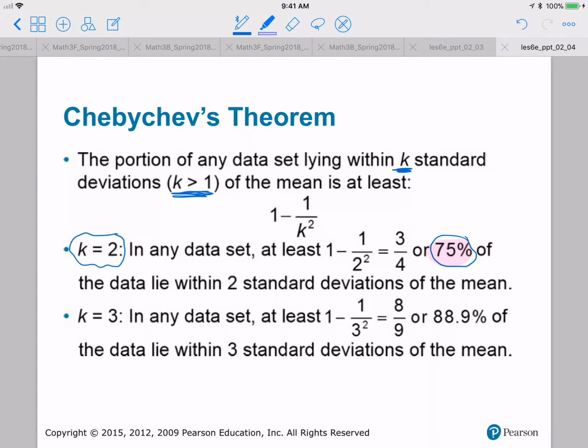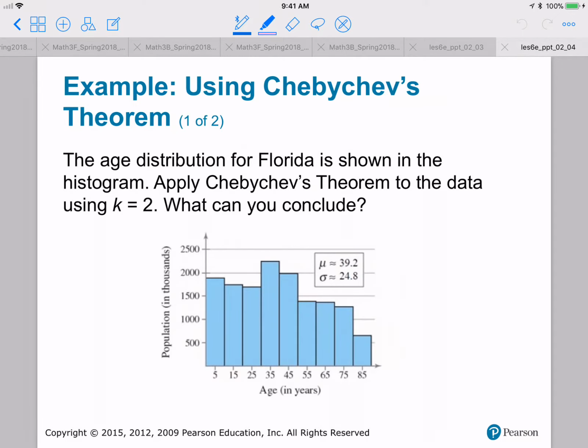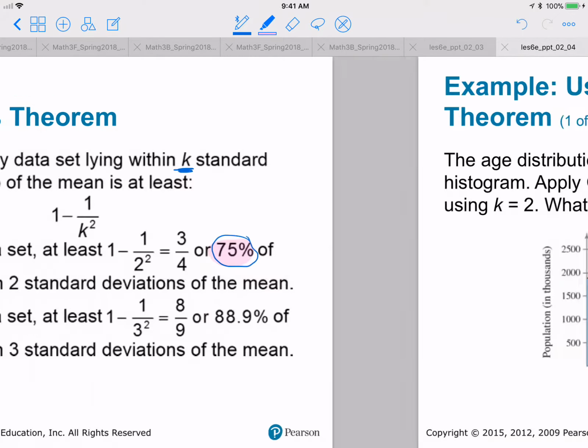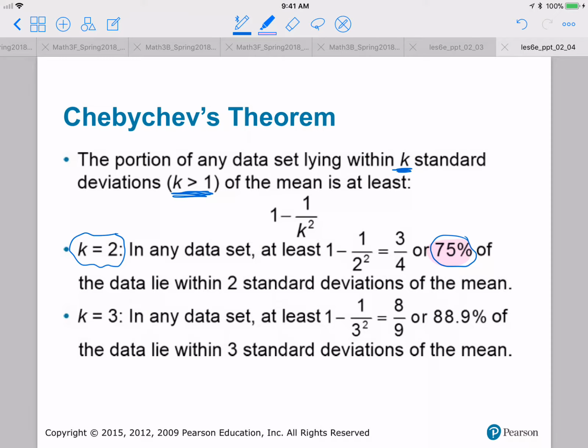Okay? Now, let me kind of explain what's going on. With Chebyshev's theorem, we are no longer making the requirement that the data is bell-shaped. So Chebyshev gives us worse, in a sense, estimates, because we're saying at least 75%. It could be 85%, it could be 95%, it could be 99%, we're not sure.